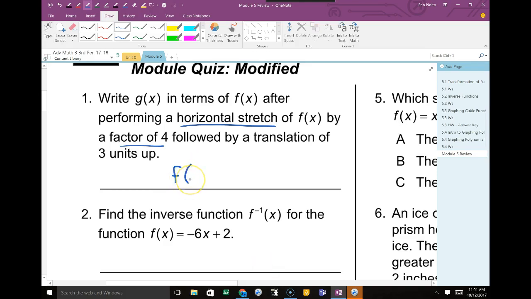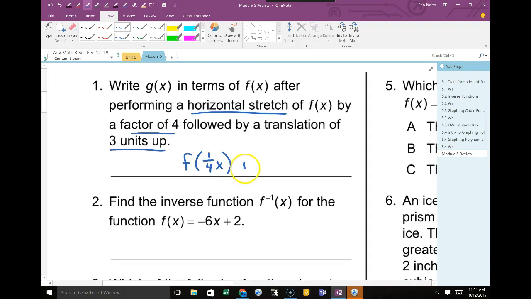Is it going to be 4 times x or x divided by 4? Or 1 over 4, that works too. So you can do 1/4 x to do a horizontal stretch. Remember, it's always opposite of the way your brain thinks. If we are going to move up 3 units, what are we going to have? Plus 3, and where is it going to be? Outside the parentheses.